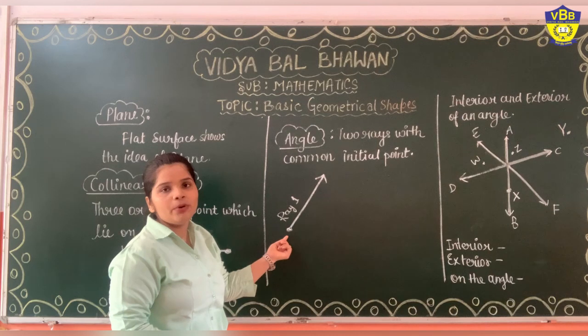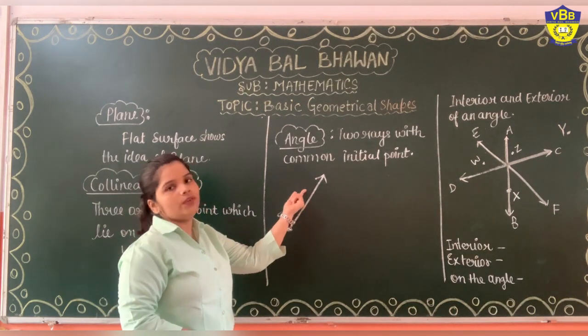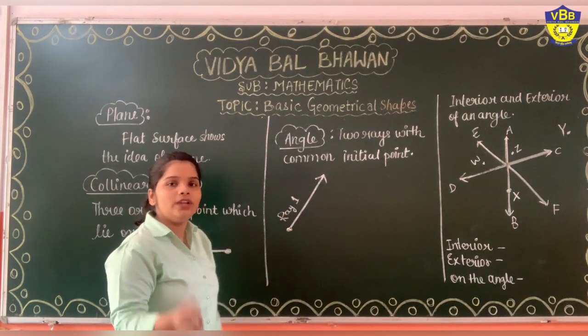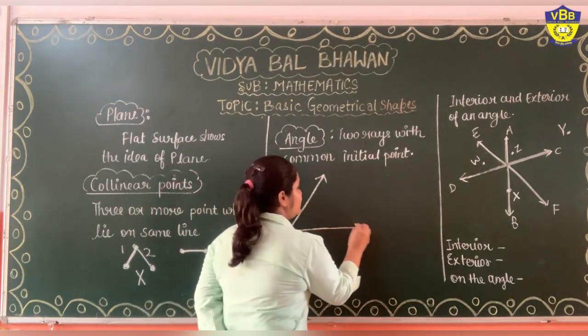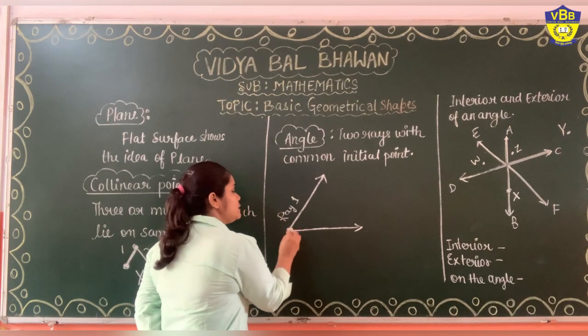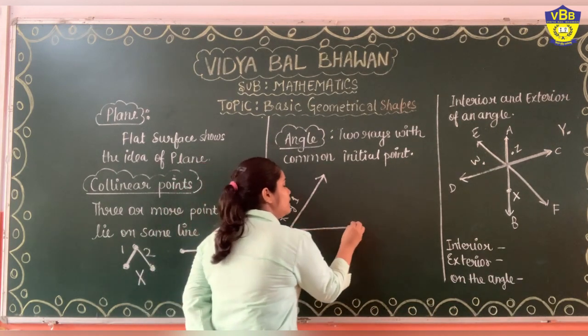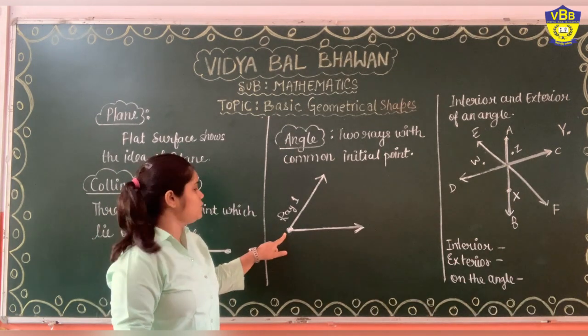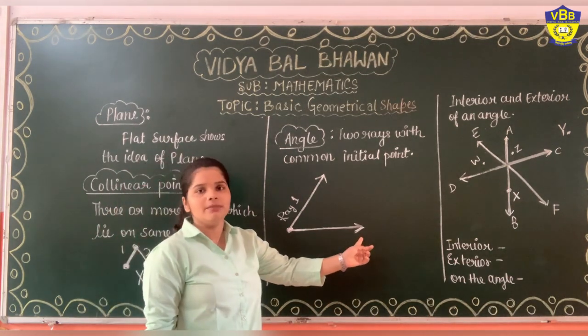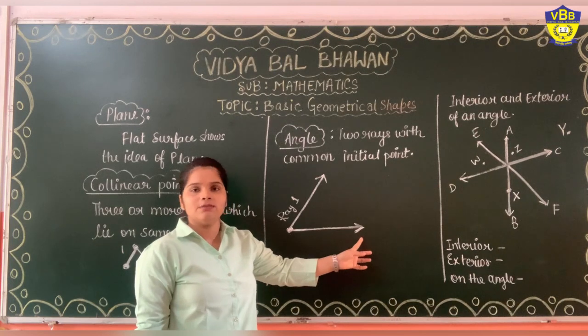This is the initial point. So the initial point of ray 1 and the initial point of ray 2 should be the same. So it is like this. I have made the second ray here. You can see this ray has this initial point and from this side it can be extended as much as we want.